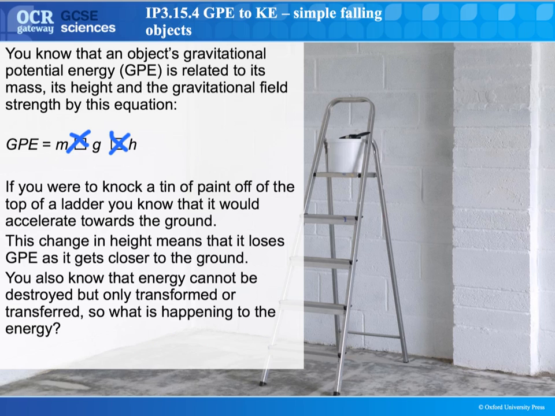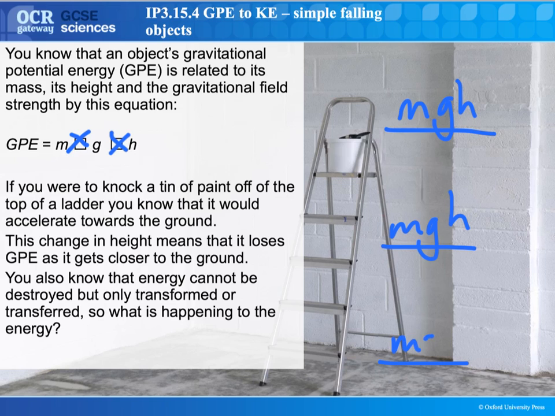Next thing we need to think about is how gravitational potential energy changes as an object falls. If we consider three stages in a tin of paint's journey from the top here to the floor. If you think about the equation, mgh, at all 3 points, gravity will not change.